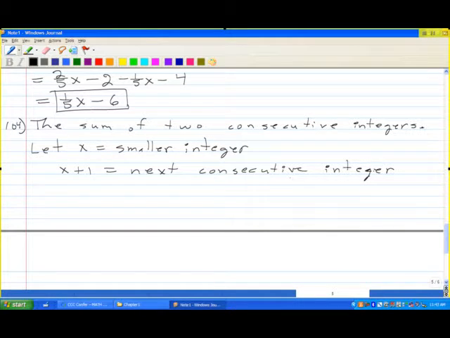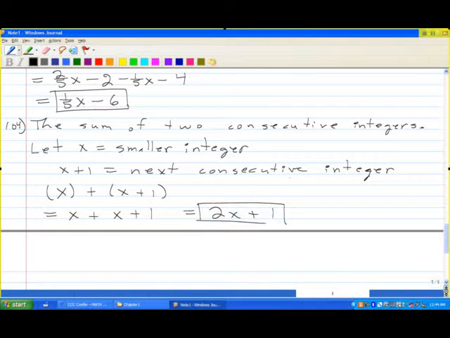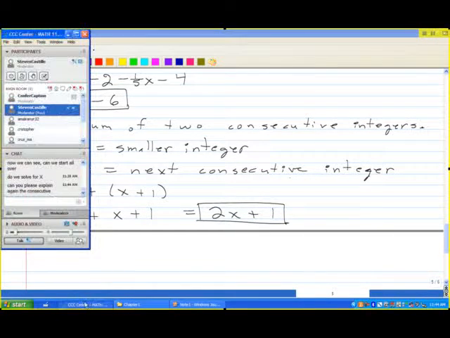Therefore, the sum of the two consecutive integers: here's the first integer, and here's the next consecutive integer. I can get rid of the parentheses. 1x plus 1x is 2x, and that is your answer.